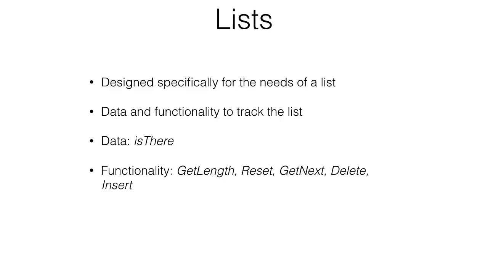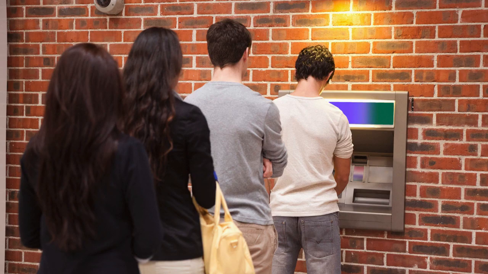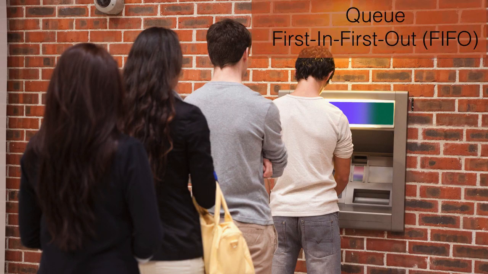All right, let's take another one. What do you see here? You see people standing in a line at an ATM. Notice that there is an order to this line. This is a queue. It's actually specifically a first in, first out queue, right? Think about what that means, first in, first out. I'm not going to teach you specifically about how to use queues right now.